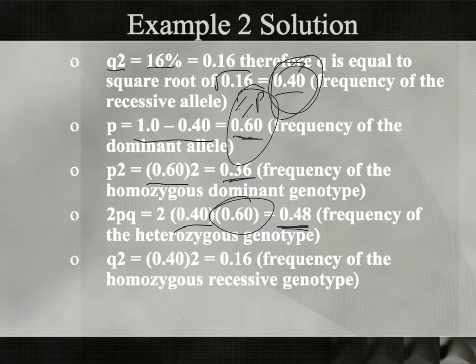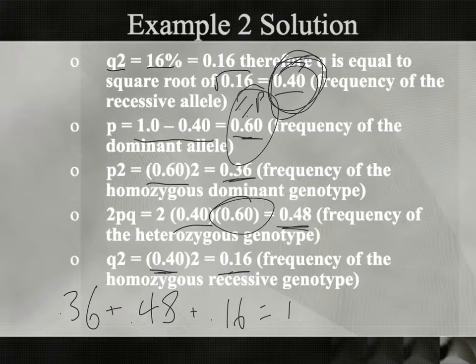And then q squared is 0.4 squared, which we got up here, which equals 0.16. If we put that in our formula again, we put 0.36 plus 0.48 plus 0.16. It checks out because it equals 1.